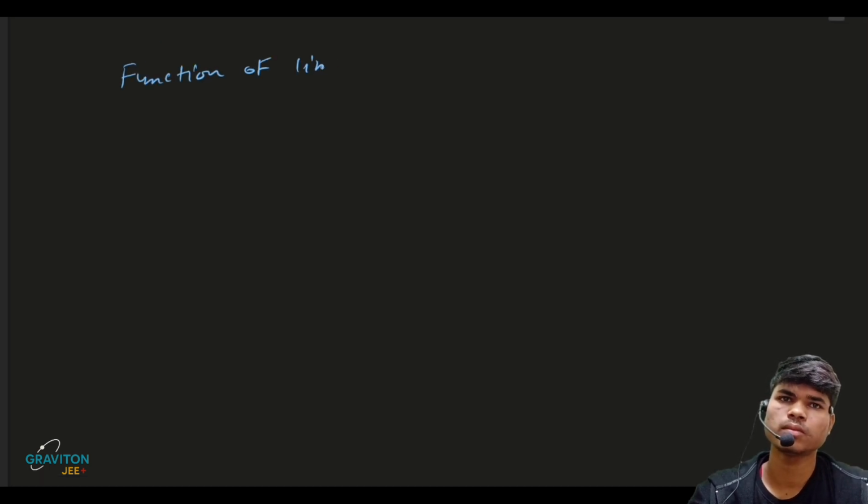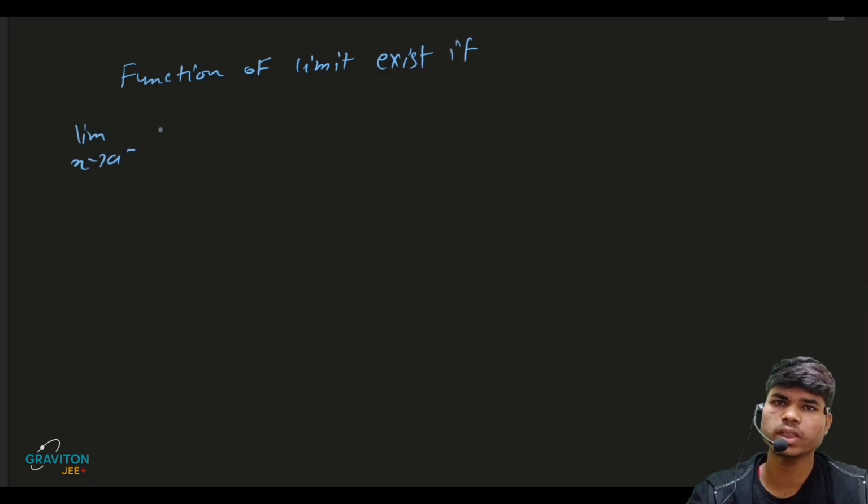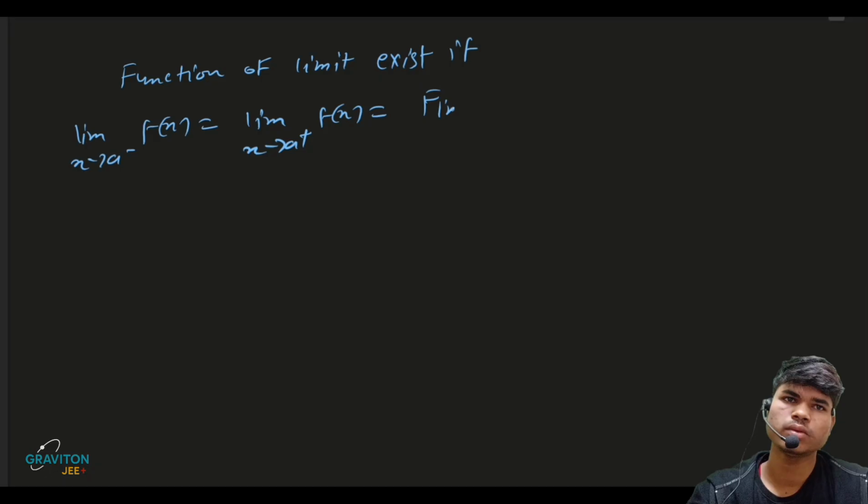So in general we can write that the limit of a function exists if limit x tends to a negative f of x equals limit x tends to a positive f of x equals a finite number.